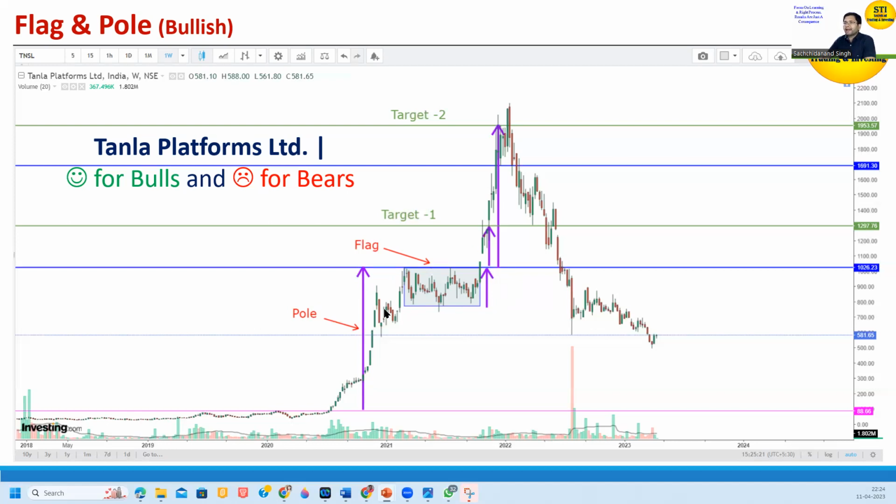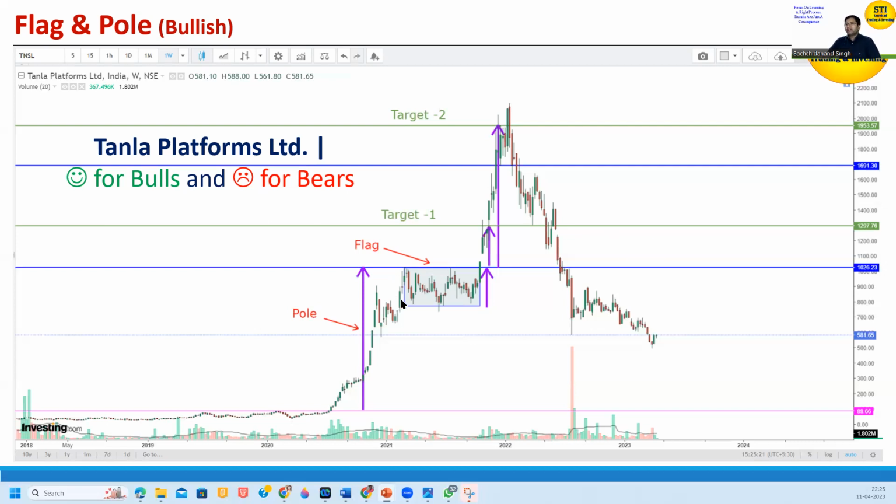And it is called flag and pole because when the chart is doing the sideways move, it is kind of making a flat structure. The flat structure may not always be a rectangle. It could be somewhat triangular as well, sometimes a slanting or tilted flag, tilted triangle or tilted rectangle. In all these situations, it will be treated as a flag.